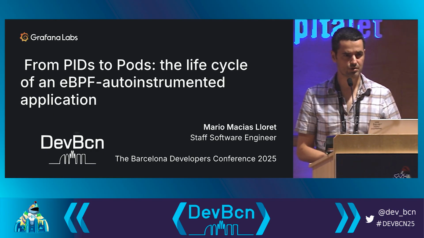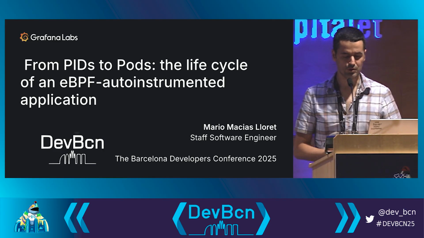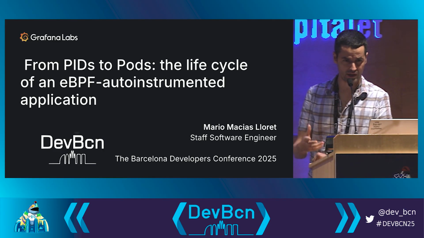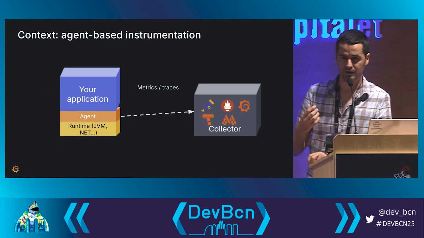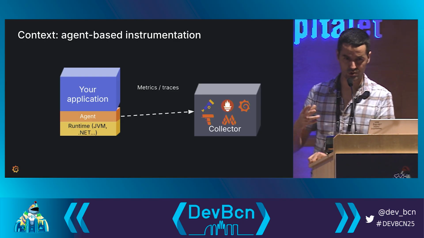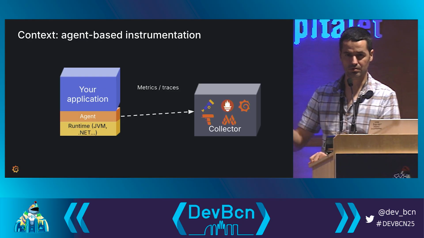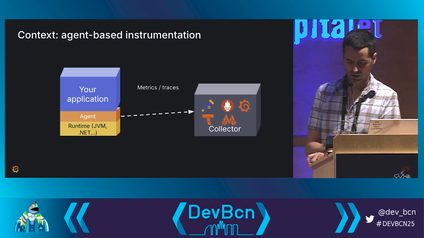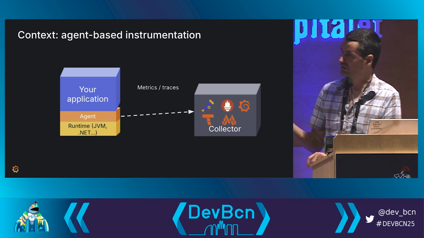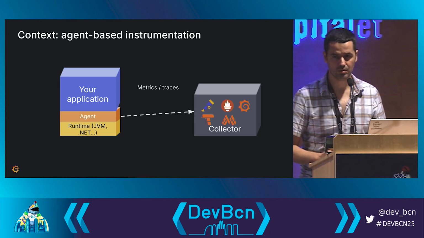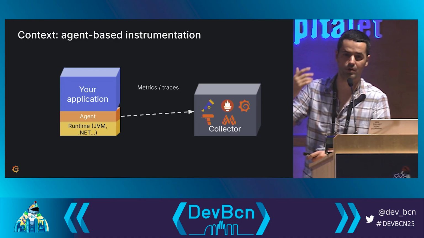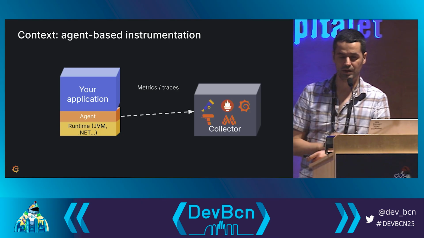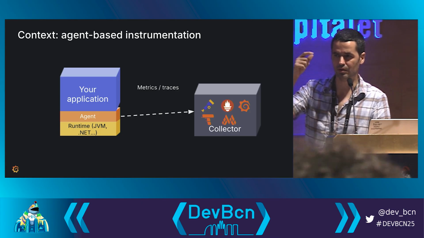When we talk about auto-instrumentation, what do we mean? Usually, if you want to instrument your application to monitor it and provide observability capabilities, I mean metrics, traces, sending logs to your observability collector or backend, usually between the application and its runtime, you need to insert an agent that will listen for the interactions between your application and the runtime or libraries in order to inspect what's going on and take data.